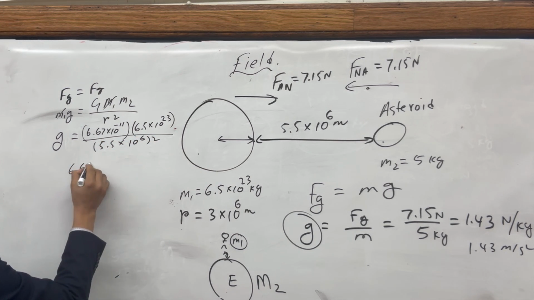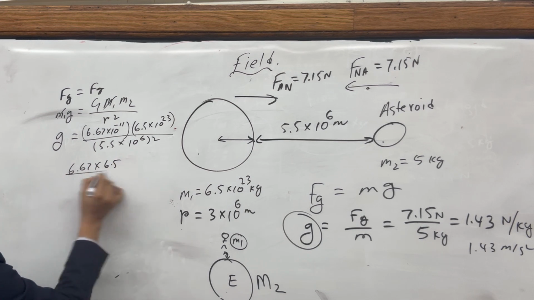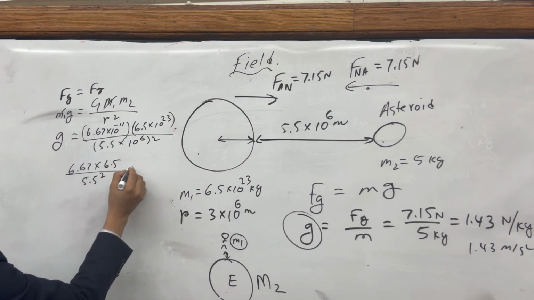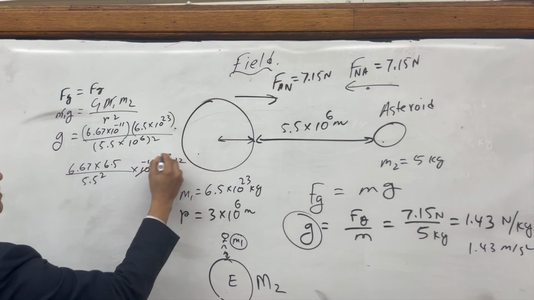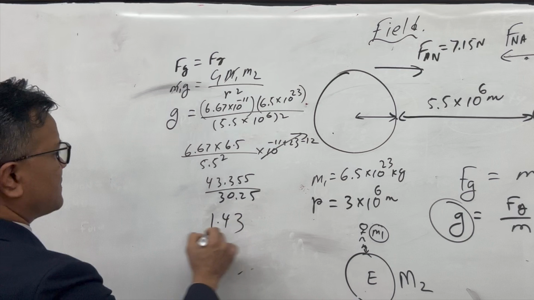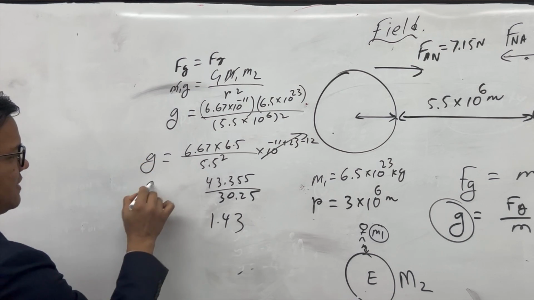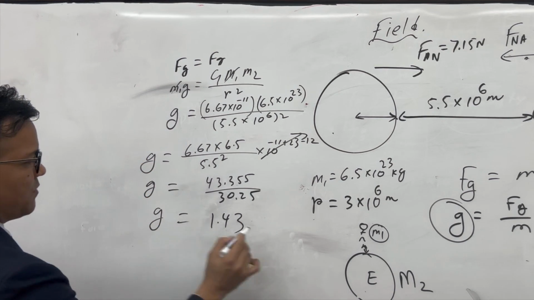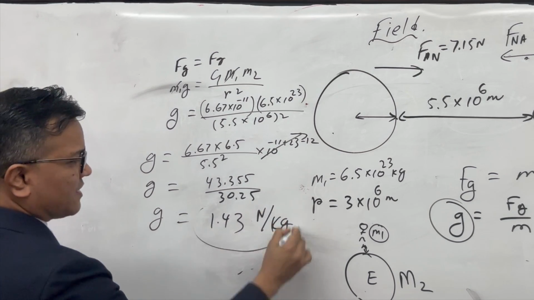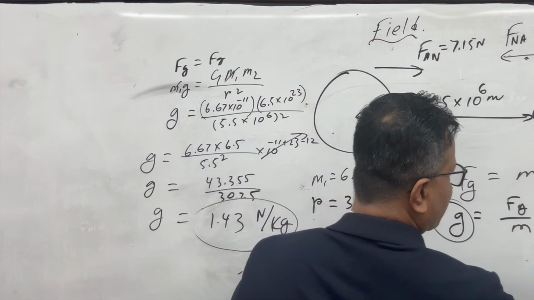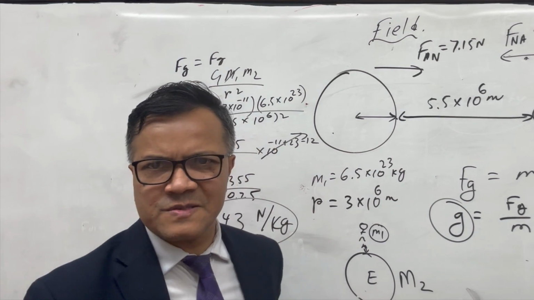So 6.67 times 6.5 divided by 5.5 squared, times 10 raised to negative 11 plus 23 minus 12. So this is nothing, 1.43. So the field is 1.43 Newton per kilogram, which we already found a different way. So that's the field.